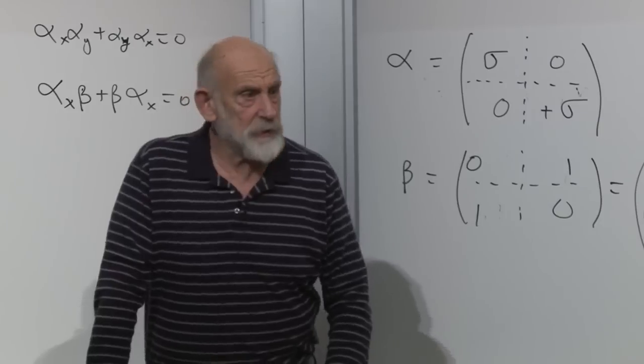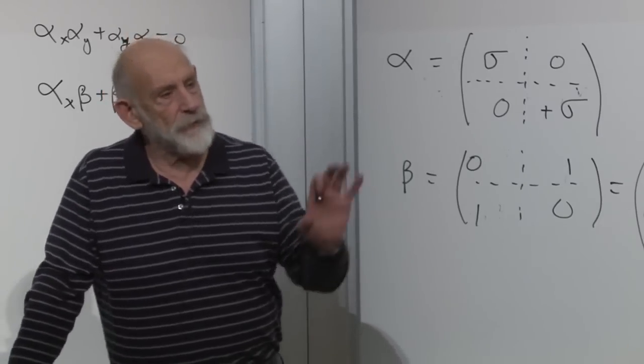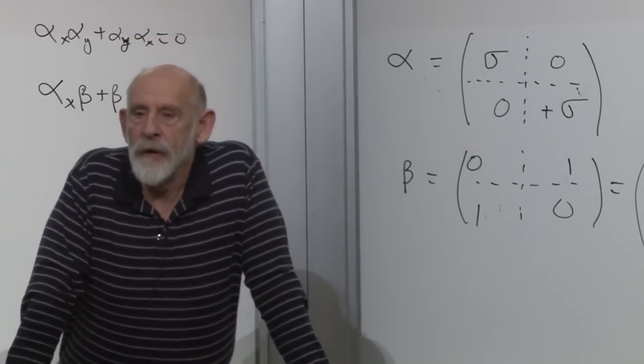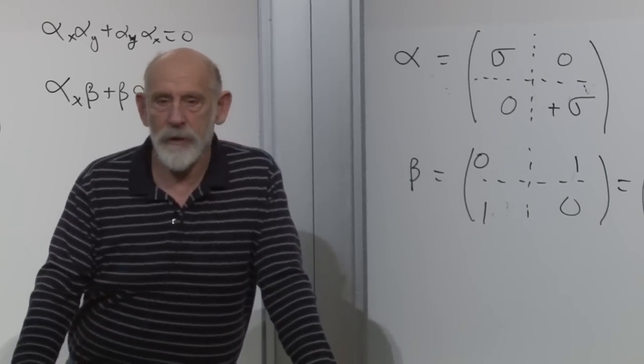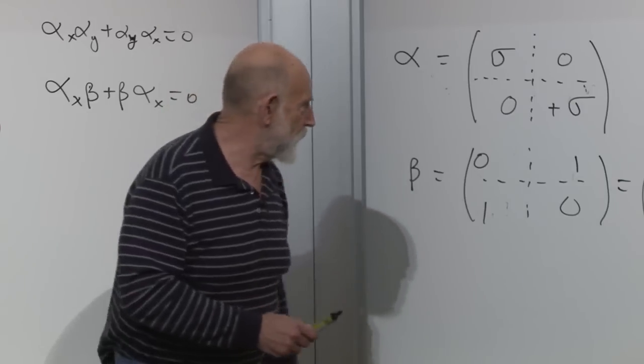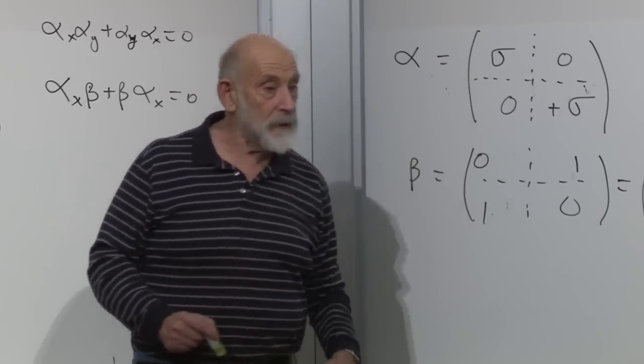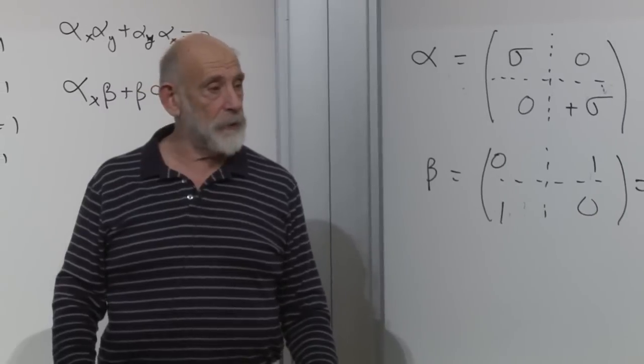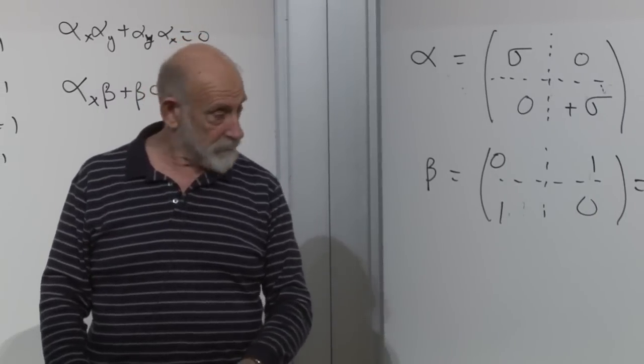So Dirac discovered a multiplicity of different states of the electron. One of them had to do with the chirality, which way the alpha was oriented relative to the momentum. The other had to do with the actual spin of the electron.